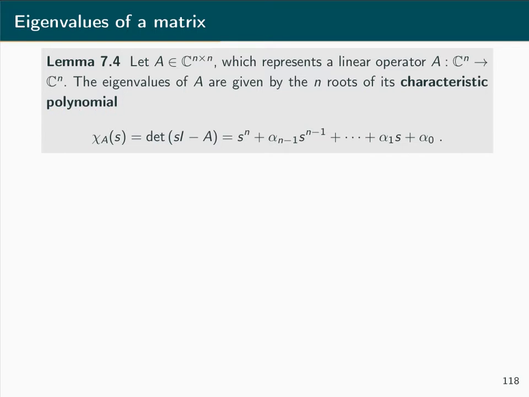That characteristic polynomial, denoted chi of A of s, is given by the determinant of sI minus A, which, if it's spelled out, corresponds to a polynomial of order n with some coefficients alpha n minus 1 to alpha 0.